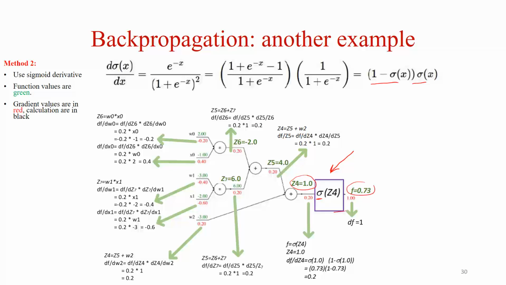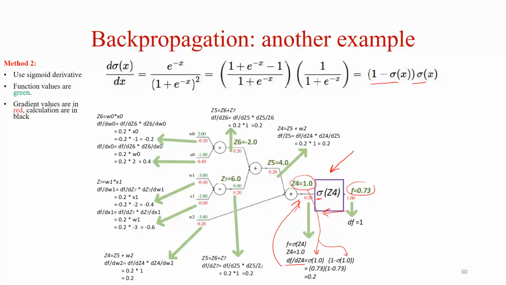So when I push back here, this will be the derivative of the function with respect to z4, which is right at this point here. It is equal to the sigmoid with the value of 1. Where is the value of 1? It's right here. This is the input right here. Times 1 minus sigmoid evaluated at point 1.0.